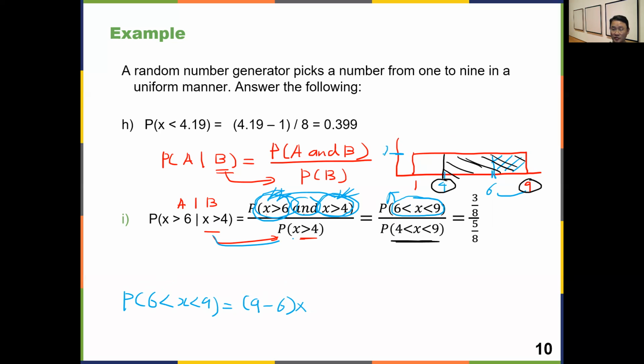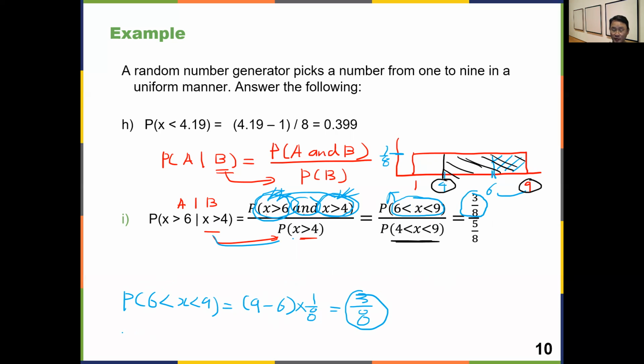Remember the height was 1 over 8, right? 1 over 8. So this would be 3 over 8. Oh, you know, that's the top part. Yes, that's the top part, which is what we get right here.